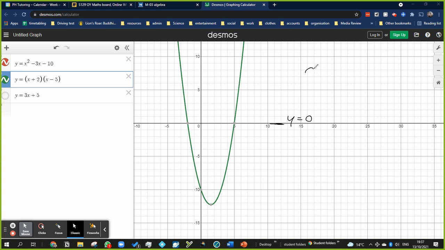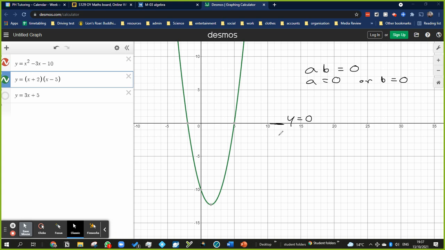Imagine that a times b is equal to 0. What does that mean? It means either a equals 0 or b equals 0. We don't know which one it is, but we can say for sure that one of them equals 0.